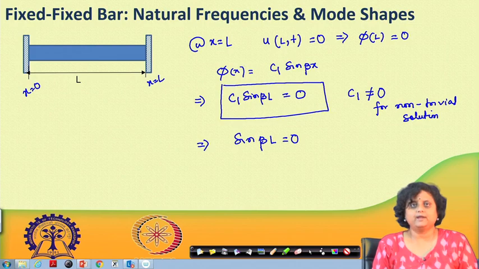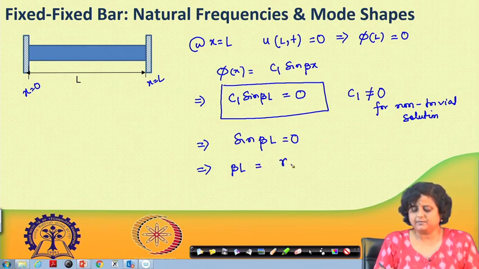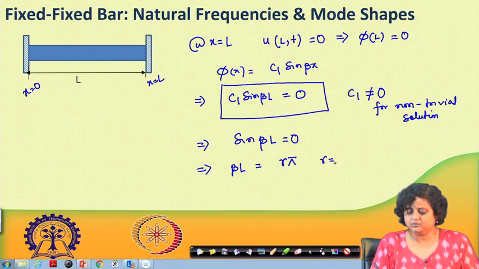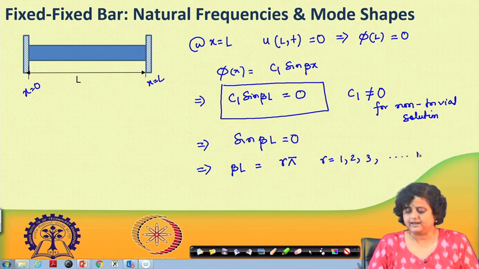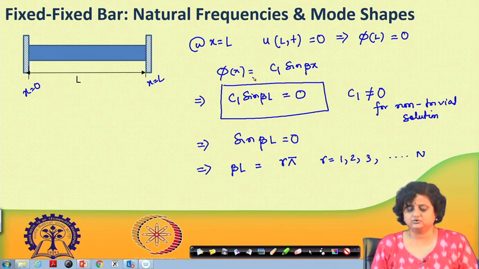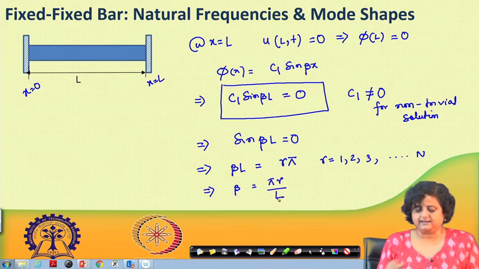In order to make sin beta L equal to 0, beta L has to be an integer multiple of pi, so beta L is r pi, where r is equal to 1, 2, 3 till n. r cannot be equal to 0, because if r is equal to 0, we are again going to have a trivial solution of phi x, which is not possible. So, therefore, beta is equal to pi r by L.